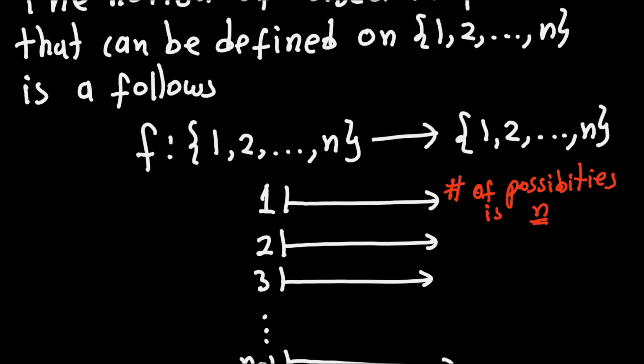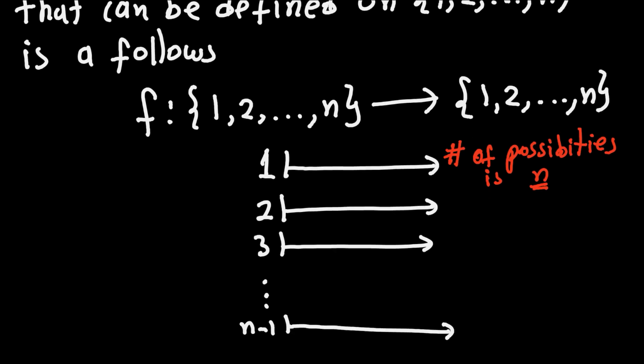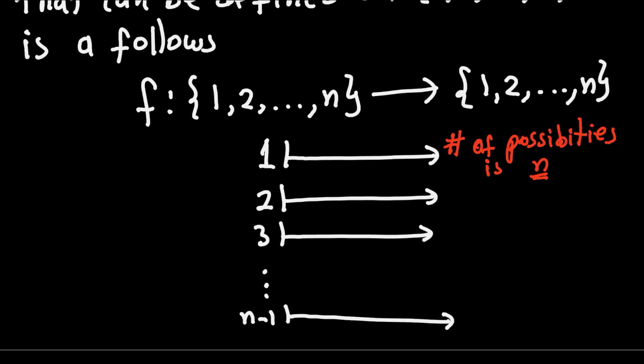Now remember that we need to keep this a bijection. Because we need to keep this a bijection, once I choose where 1 is mapped, that's going to restrict my choices for number 2. So for example, if I choose 1 to go to 1, then 2 cannot go to 1 because I need to keep this bijection. So once I choose the 1 here, that's going to restrict my choices.